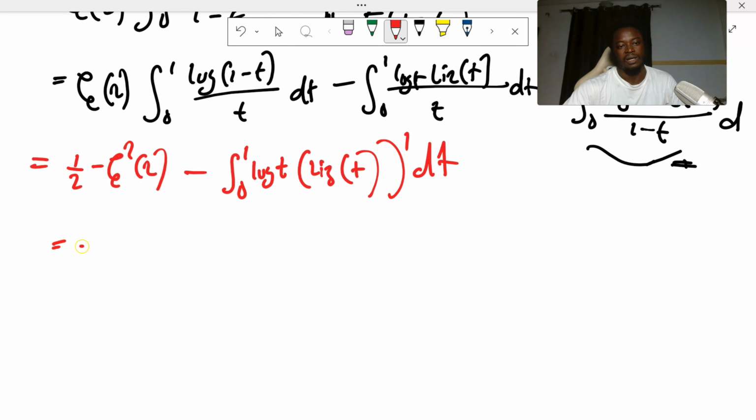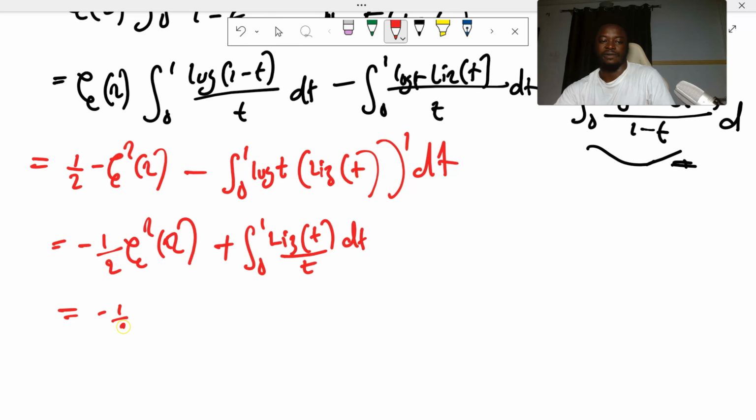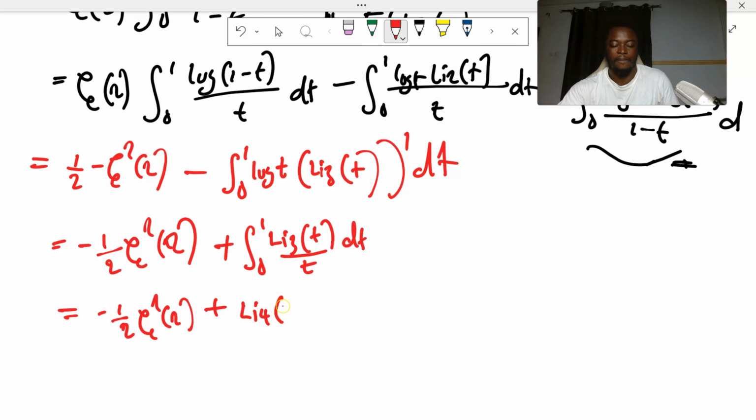Now this would be negative half of zeta squared of 2, then minus, if you do integration by parts here, you will get a plus the integral from 0 to 1 of the trilogarithm of t over t dt, and this will be negative half of zeta squared of 2 plus the tetralogarithm of t from 0 to 1.